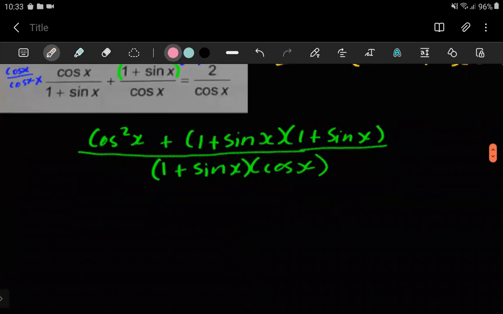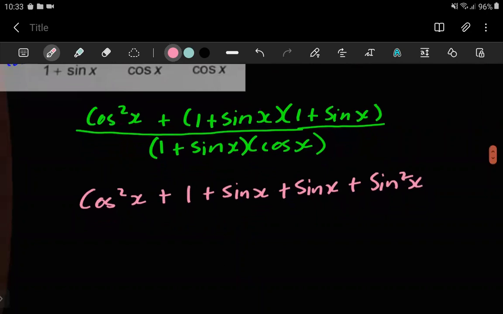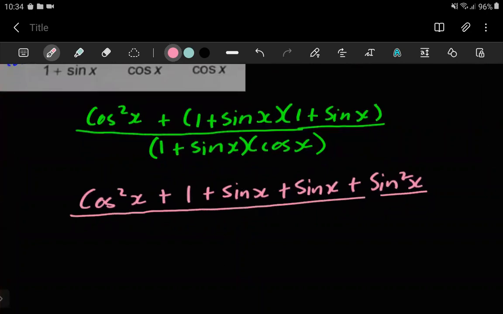Now we can FOIL. At the top, the cos squared x is just the way it is. It's 1 times 1, then 1 times sine x, sine x times 1, and then sine x times sine x, sine squared x. And cos x times 1 is okay.